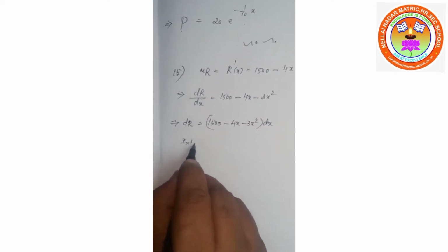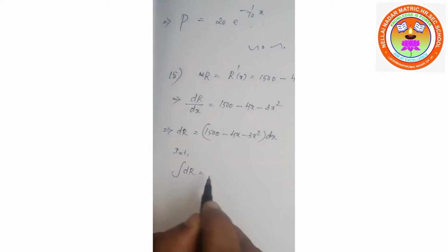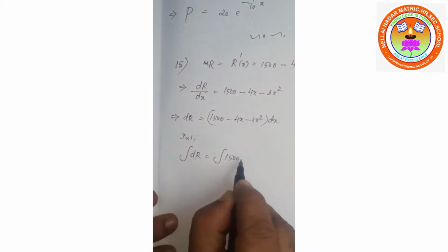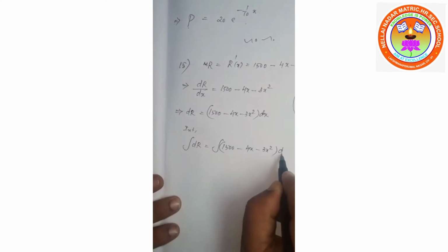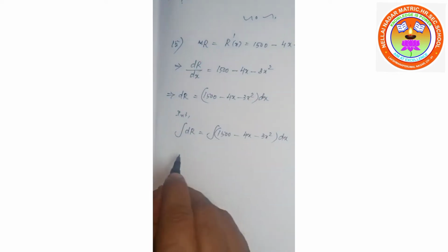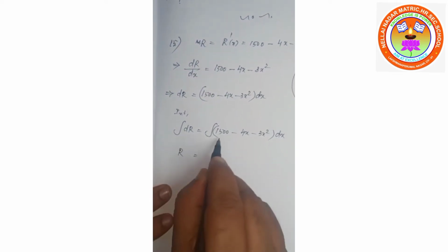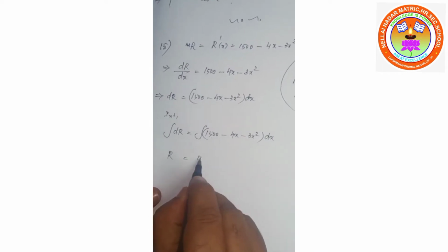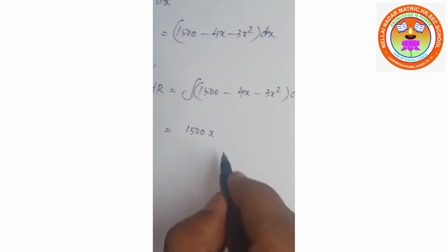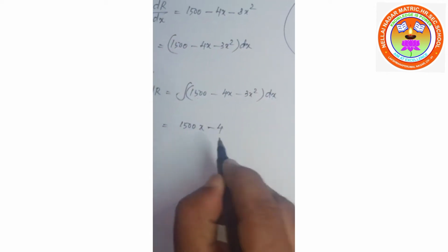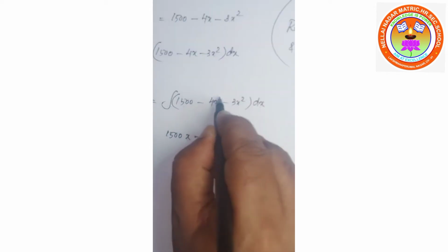integrating on both sides. The integral dr is equal to the integral of 1500 minus 4x minus 3x square dx. You know the integration of dr is r. 1500 into dx integration is 1500 into x, because integral dx is x, minus 4 constant, x dx integration, what is in the power? 1.